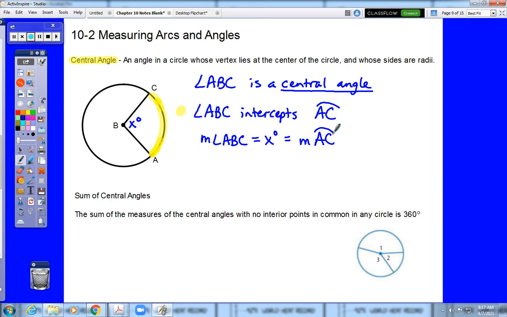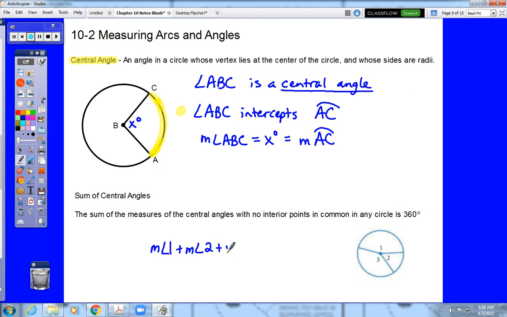Keep in mind that this is a circle, which means if we look at all of the combined central angles in a circle, assuming that none of them share any interior points, what should they add up to? It's a circle, so they should add up to 360. Okay, so in any circle, the sum of the measures of the central angles with no interior points in common is always 360 degrees.